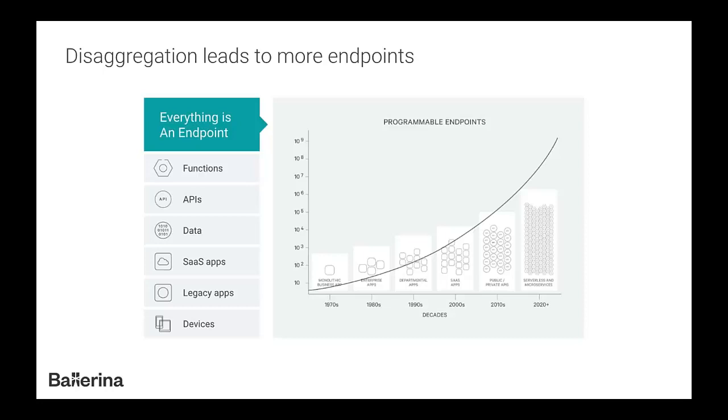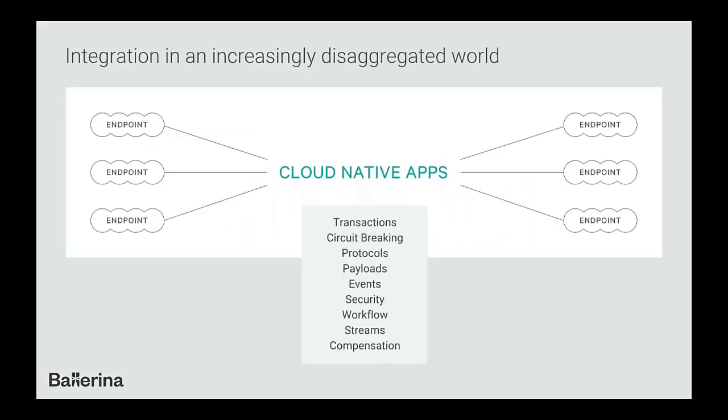So everything becomes a programmable endpoint, and the number of endpoints is exploding. The apps we generally write become dependent on these endpoints, and integration means the discipline of resilient communication between these endpoints.